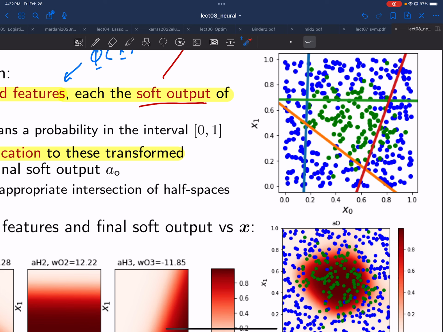Could we use 5 or 10? Sure, right? We could just get more and more of a circular region. What's the disadvantage of using more and more? Probably computation and overfitting. Yeah, exactly. Computation is one issue. A second is, we have more parameters to learn.